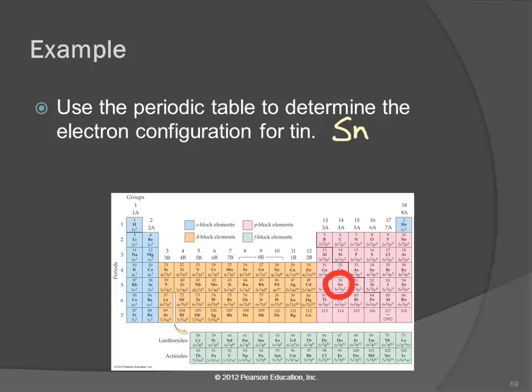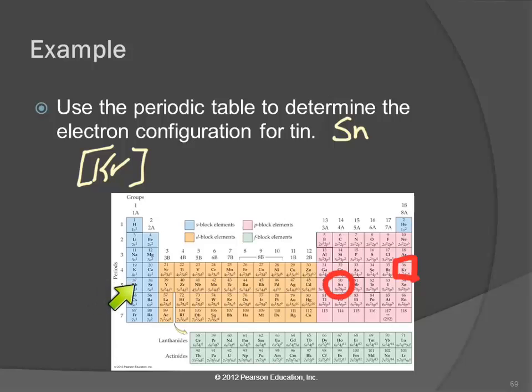So here it is. So the previous noble gas is krypton. So we're going to put krypton in brackets. And then we're going to see, okay, well, what comes after krypton? Well, here we've got, this is period 5.